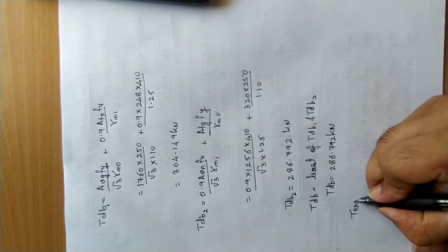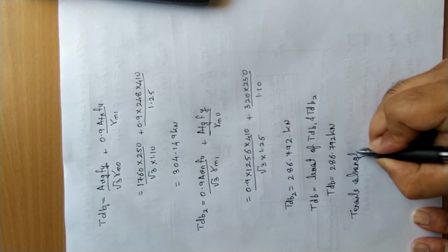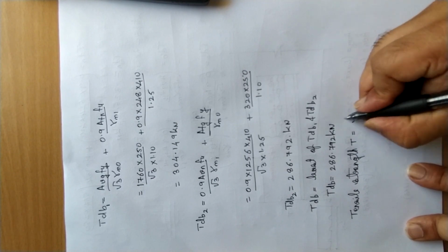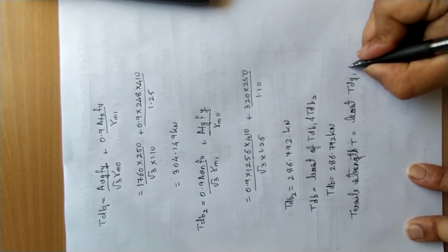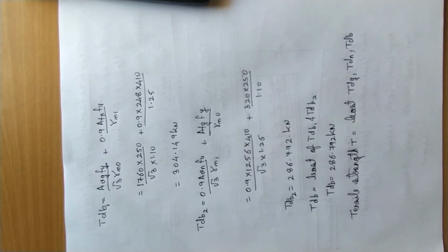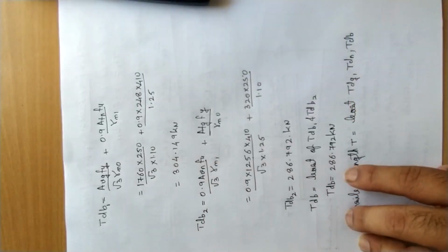Now at the end we have to find out the tensile strength. So tensile strength T is least of all the three, TDG, TDN and TDB. Now let us compare. So we have first value TDG 303.636 kilonewton.